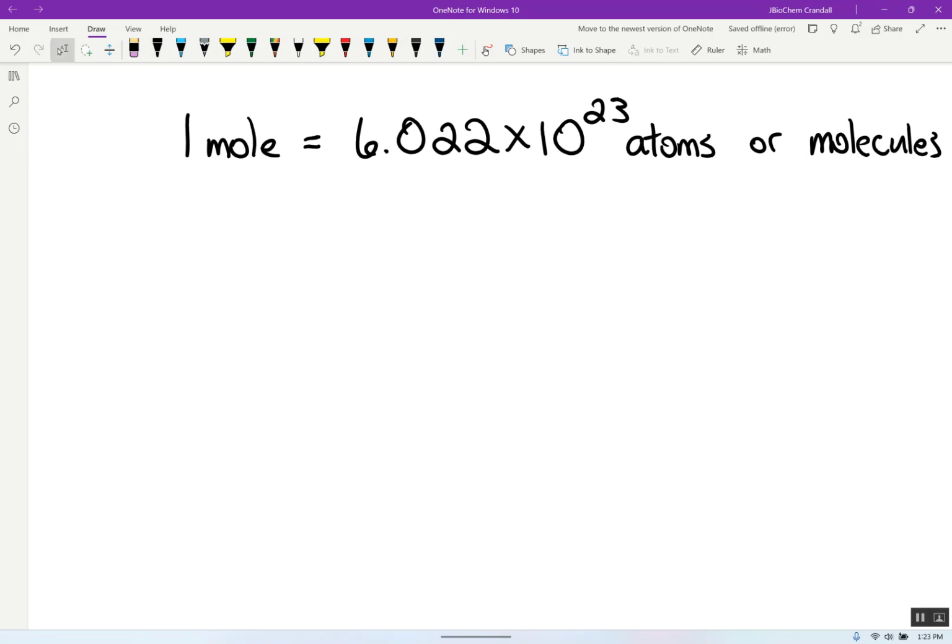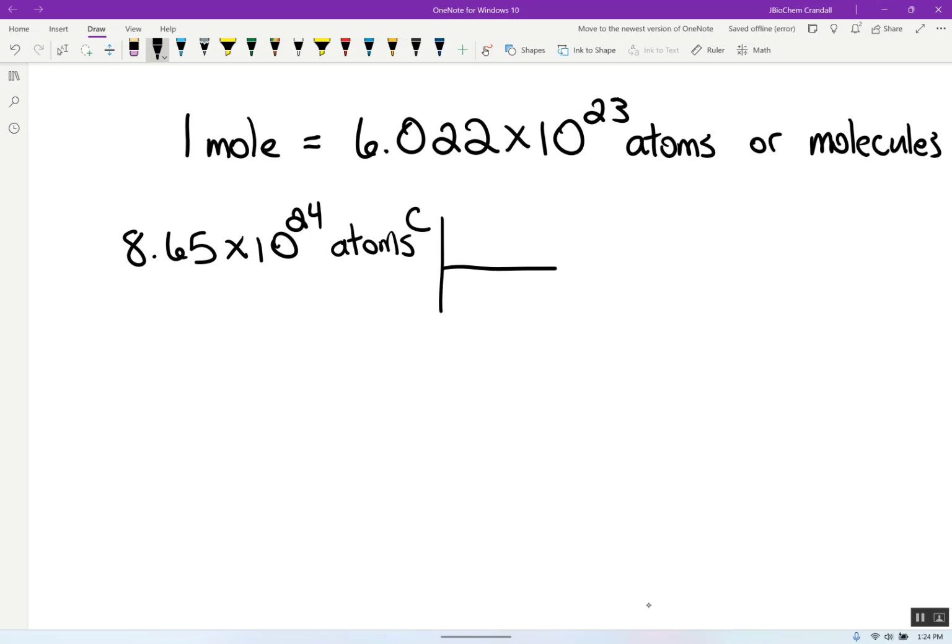For example, if I have 8.65 times 10 to the 24th atoms, and let's say it's carbon atoms, and you want to know how many moles of carbon you have if you have 8.65 times 10 to the 24th atoms of carbon.